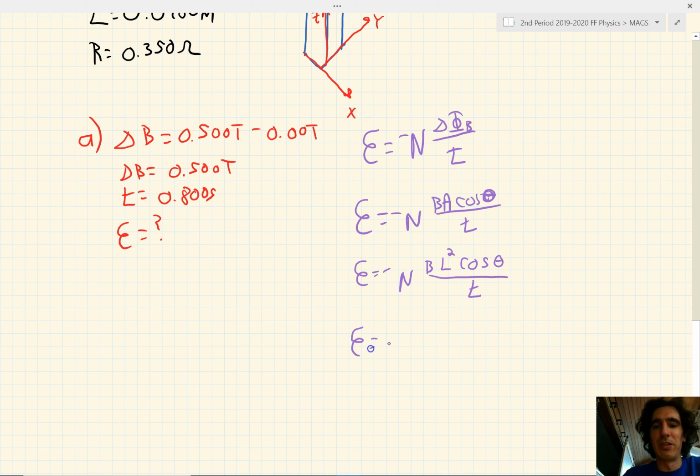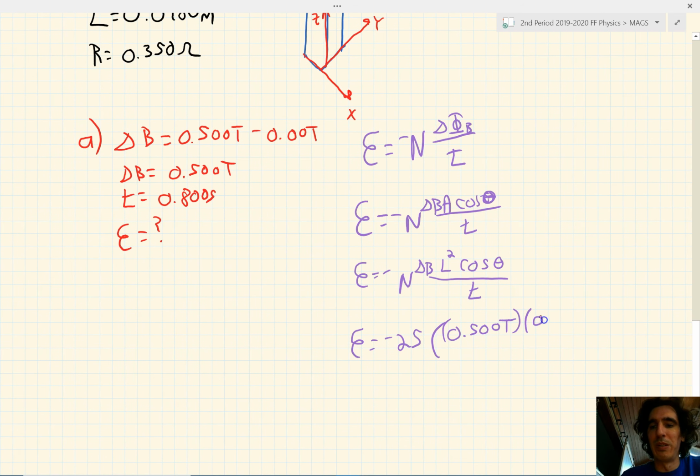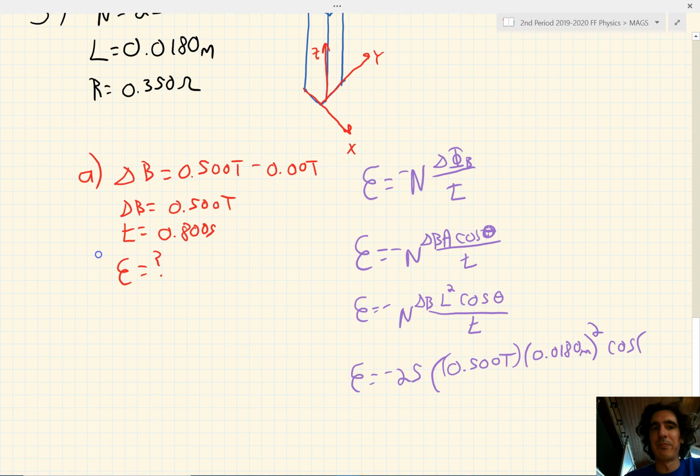So we just plug and chug, negative 25 turns times the change in the magnetic field, which is 0.500 teslas, times the length squared, 0.0180 meters squared, times the cosine of theta.